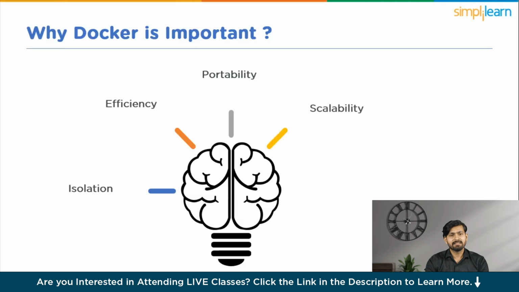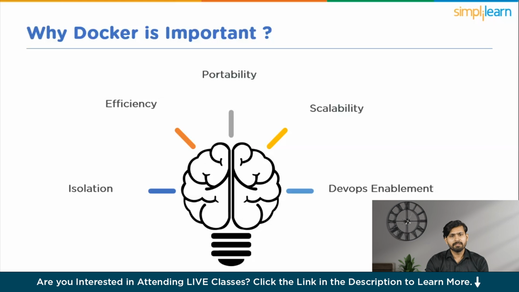The next one is scalability. Docker's lightweight and modular architecture makes it easy to scale applications horizontally by deploying multiple containers across distributed environments. This scalability enables organizations to meet changing workload demands quickly and efficiently. Next is DevOps enablement. Docker facilitates DevOps practices by promoting collaboration between development teams and operations and QA teams.